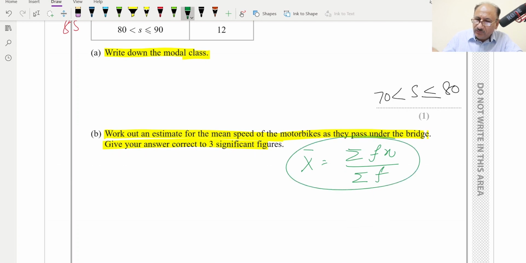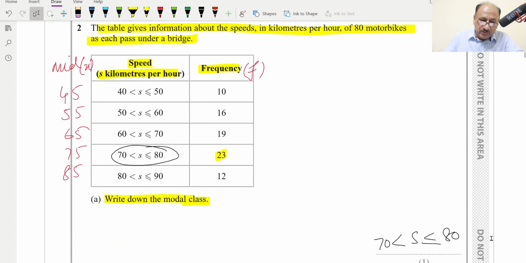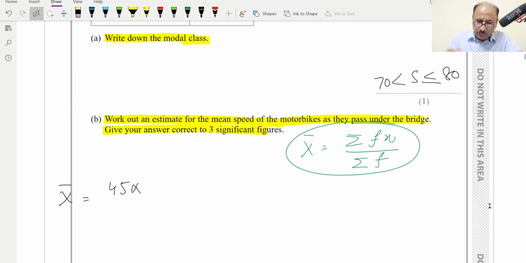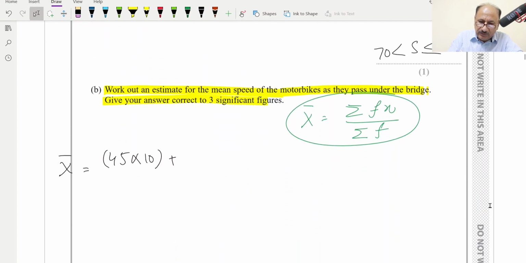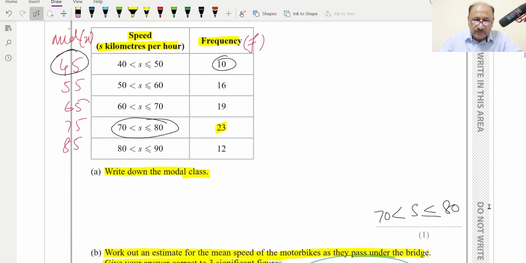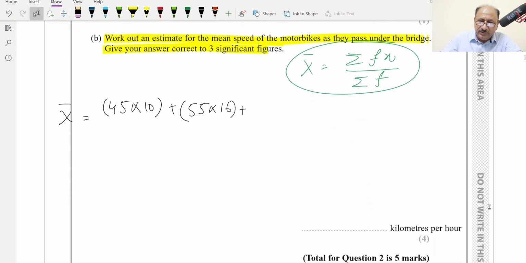So x bar is equal to 45 multiplied by 10, which is fx, plus 55 multiplied by 16, and the next value will be 65 multiplied by 19.